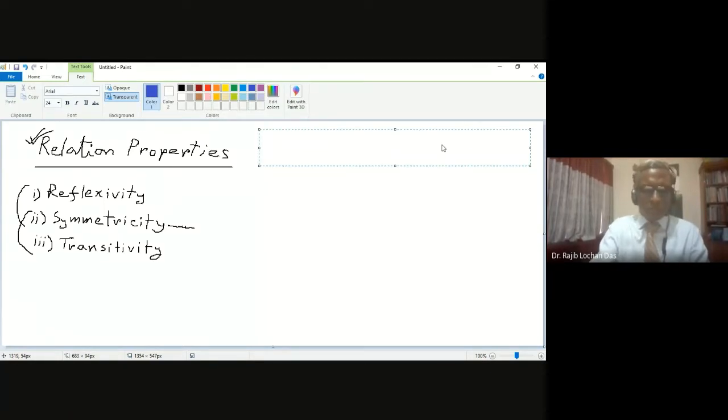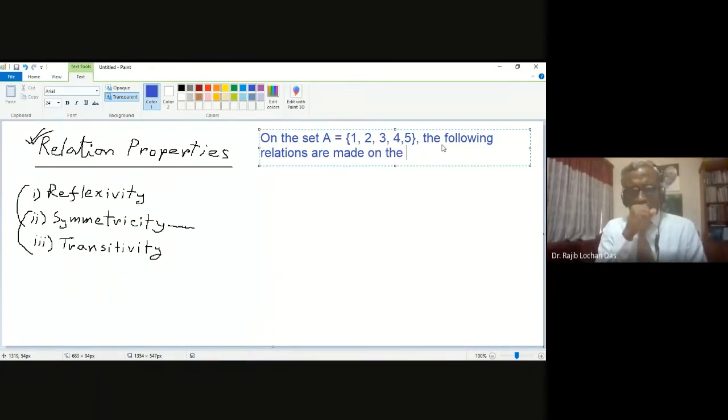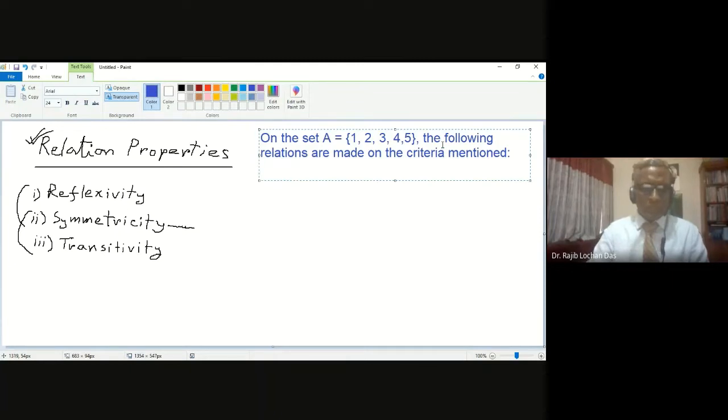The following relations are made on the criteria mentioned. Let us have different criteria here.